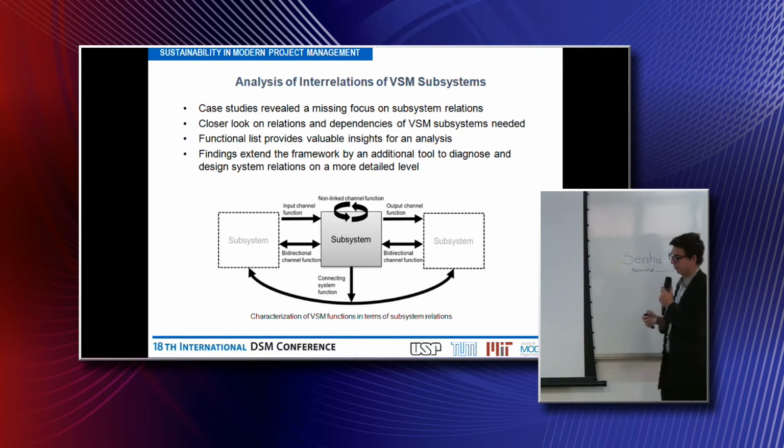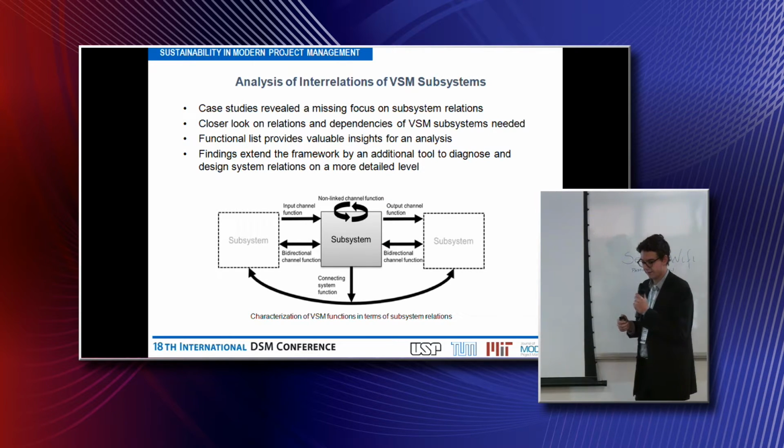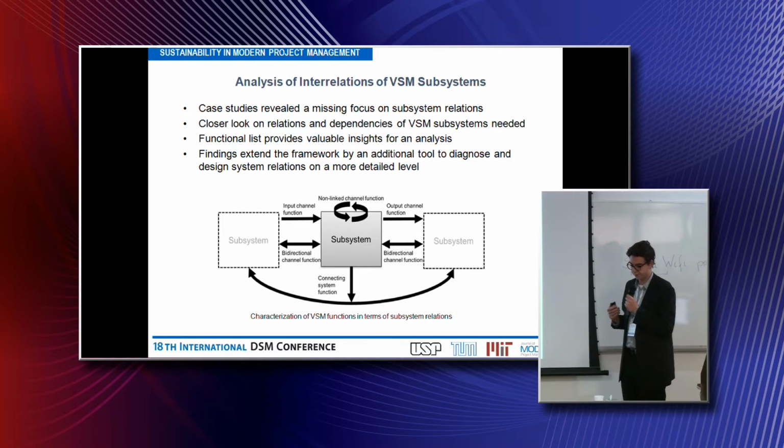And what we also realized is that subsystems, or the missing existence of subsystems, is always a large problem, but there was no support for how you could really assess where your organization is at the moment.